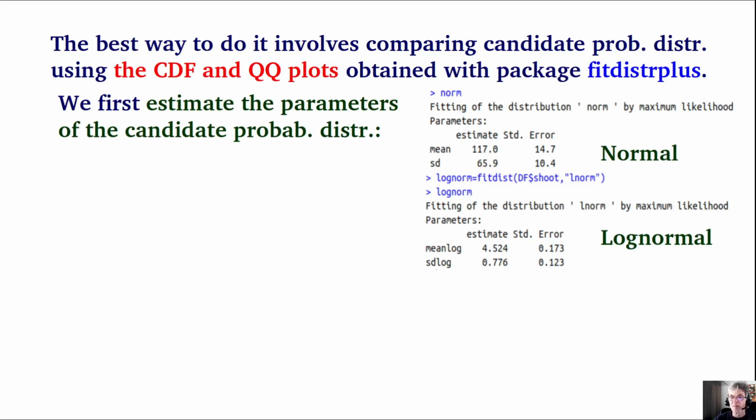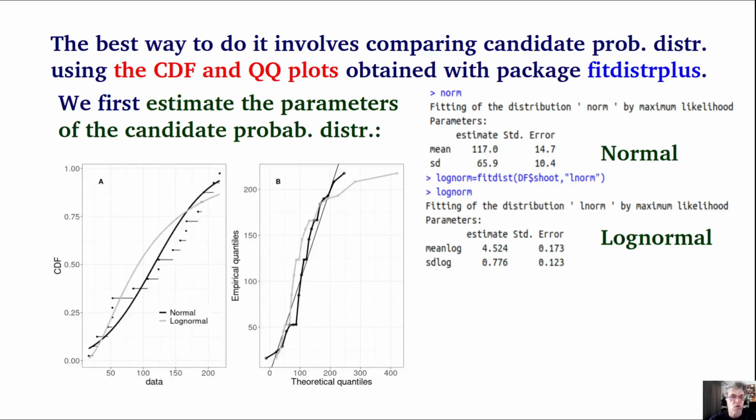With these fitted parameter values, we obtain the cumulative distribution function on the left and the QQ plot on the right. The idea here is to visually assess which of the two distributions is closest to the data. We see here that the normal distribution appears to be closer to the data than the log normal distribution.